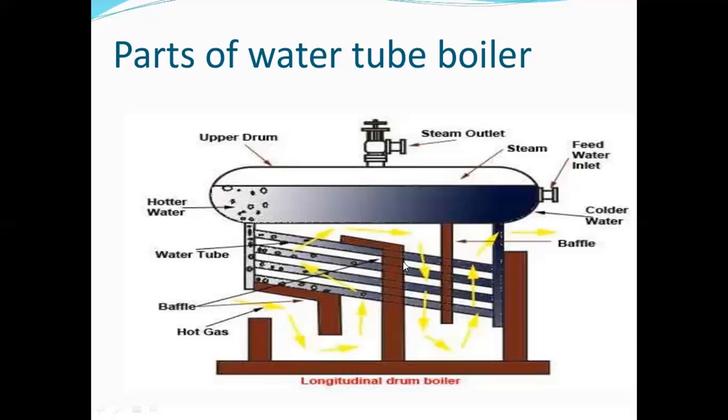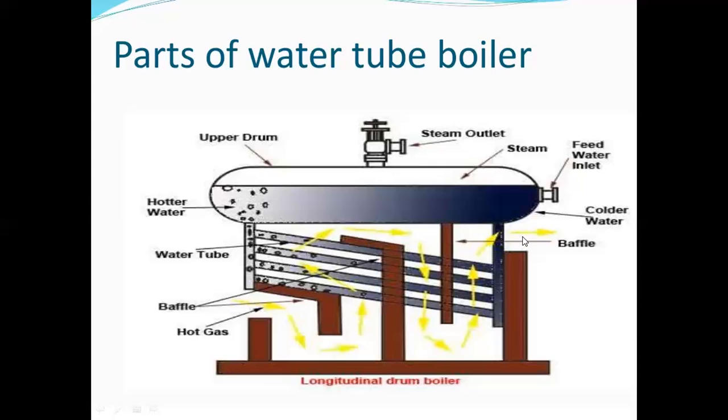Due to this, the contact area is increased, which means more heat is absorbed by the water. The hot gases spend more time here, and within this time the water absorbs more heat. So the baffle plate is used for increasing the contact area between gases and water.